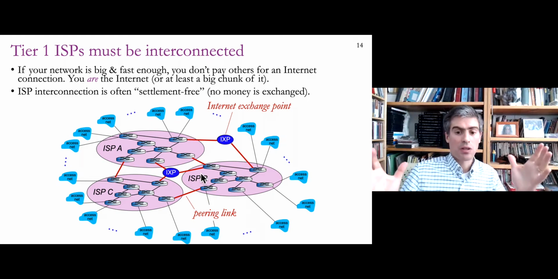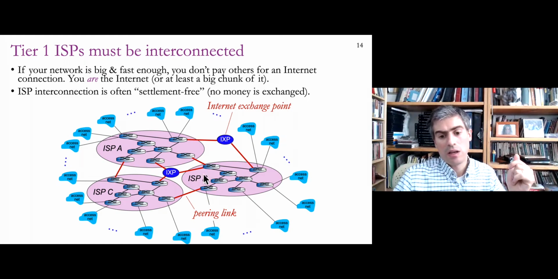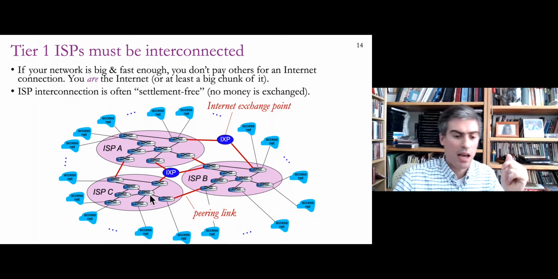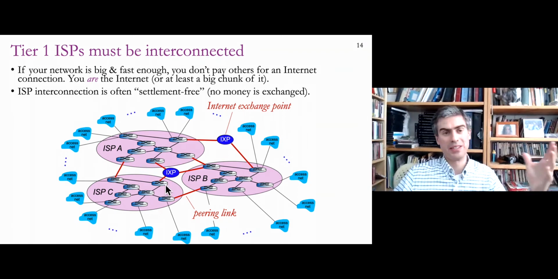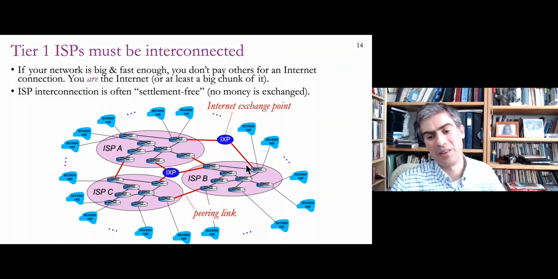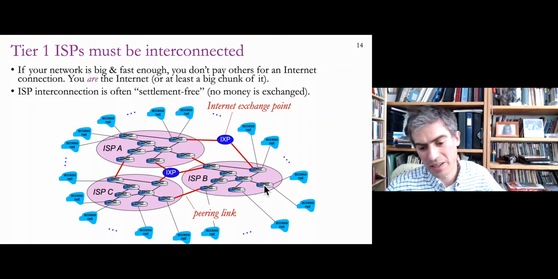It's one building where many different ISPs have routers, and it allows them to connect to other ISPs with very short cables because they're all in the same building, essentially. They don't have to build long new wires to do that. Okay.